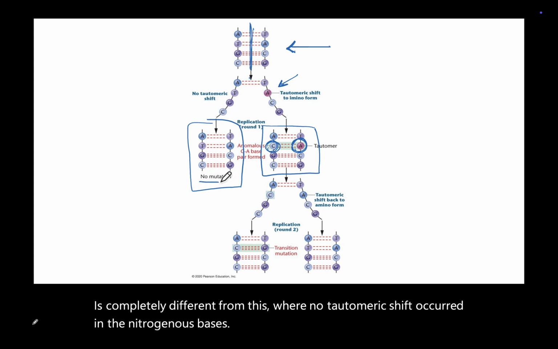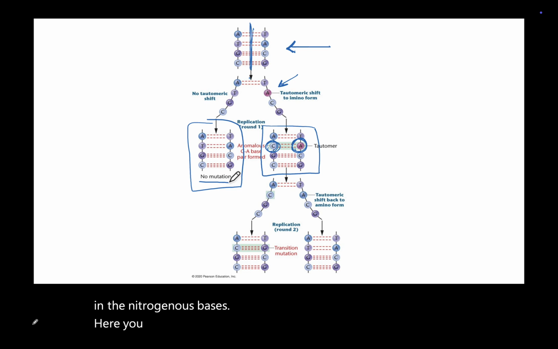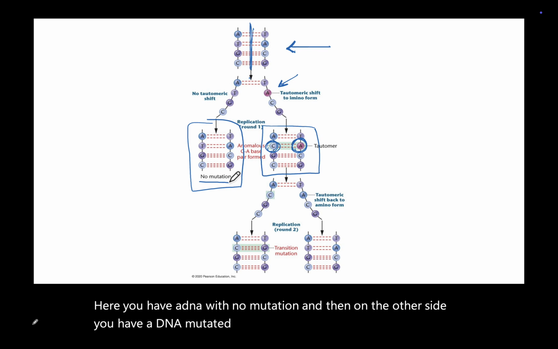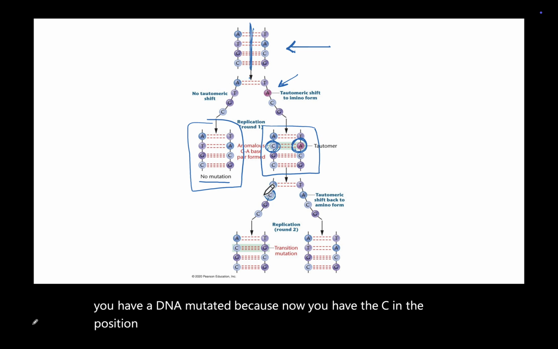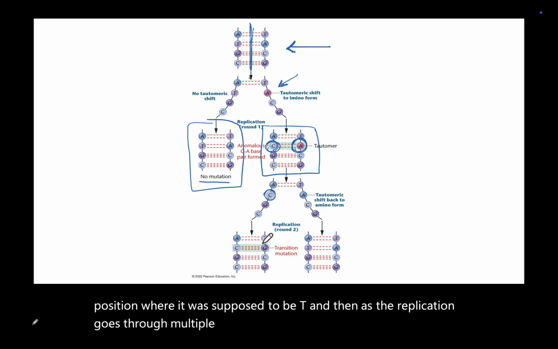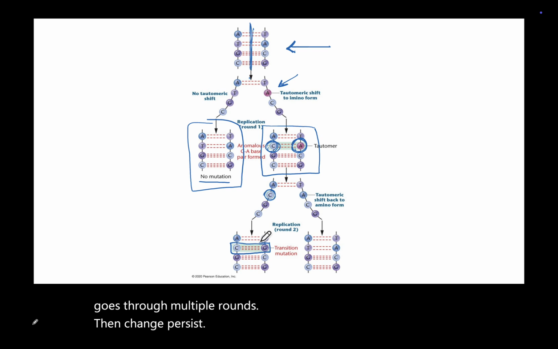Here you have a DNA with no mutation, and on the other side you have a mutated DNA, because now you have the C in the position where it was supposed to be T. And as the replication goes through multiple rounds, that change persists throughout those replications.